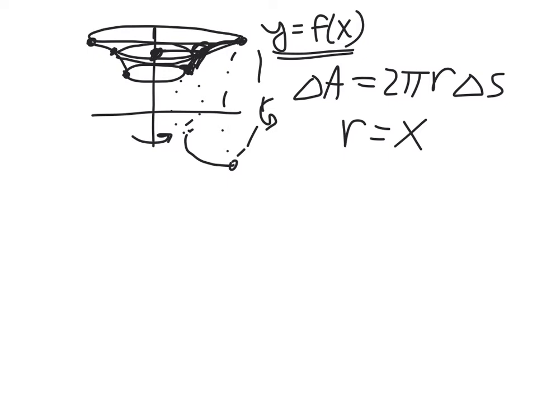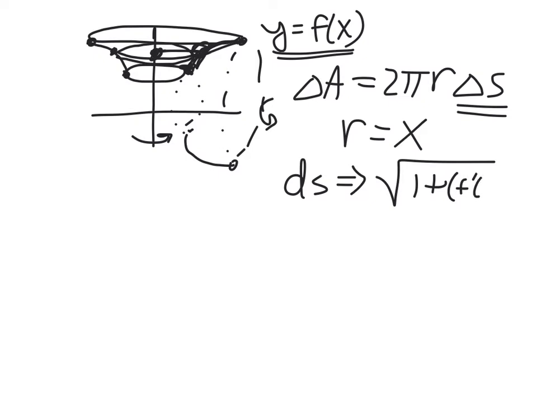Why can we do that? ds is that no matter where we rotate the arc length about, ds can always be represented this way.